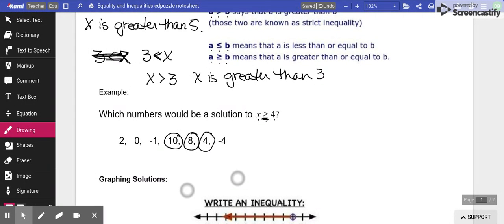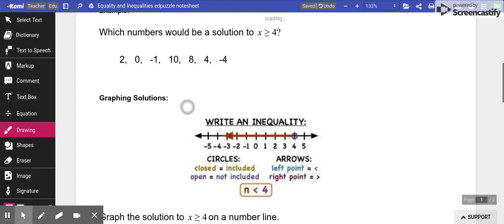Another way to represent a solution to an inequality is by graphing that inequality. When we graph our inequality, the first thing we need to look at is that inequality symbol and whether we're going to show that as an open circle or a closed circle. So, inequalities use closed circles when the number is included in the solution.